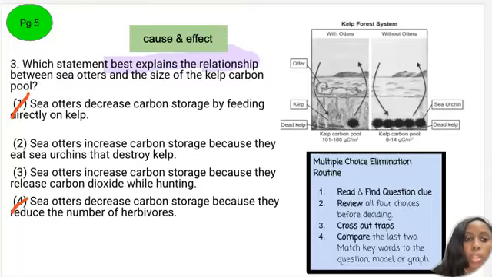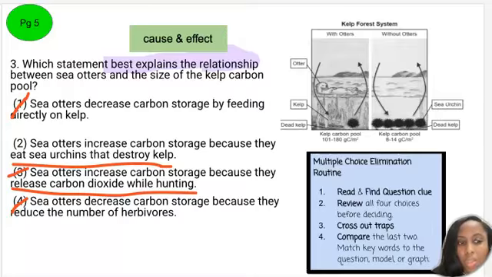This one is saying that sea otters increase because they release carbon dioxide while hunting. And this one is saying because they eat sea urchins that destroy the kelp. So the one that I'm going to cross out is question 3. This one is kind of off topic, right?